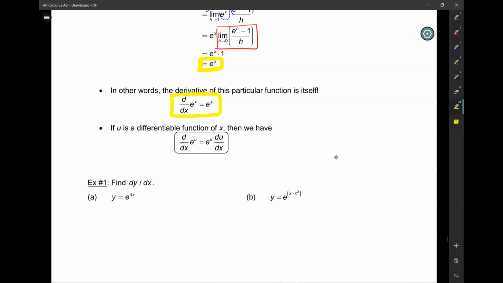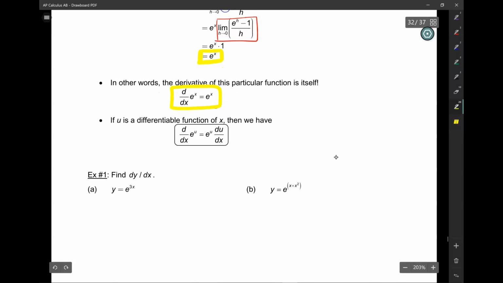Okay. So now, going back to the chain rule. The derivative of e to the x is just e to the x, which means if it's e to the u, then the derivative of that is e to the u times du dx.